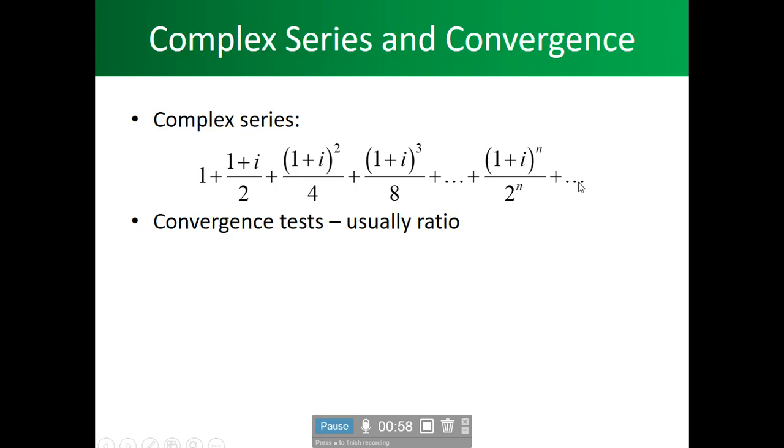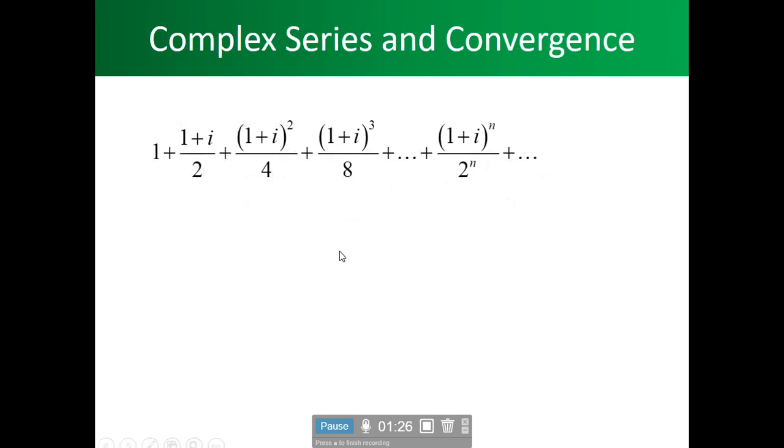And so what we expect is that the next number after this would be the parenthesis 1 plus i raised to the n plus 1 power, and on the denominator 2 raised to the n plus 1 power. That number should be smaller than this number that we have in front of us. And so we're going to use the ratio test to see if these things are so.